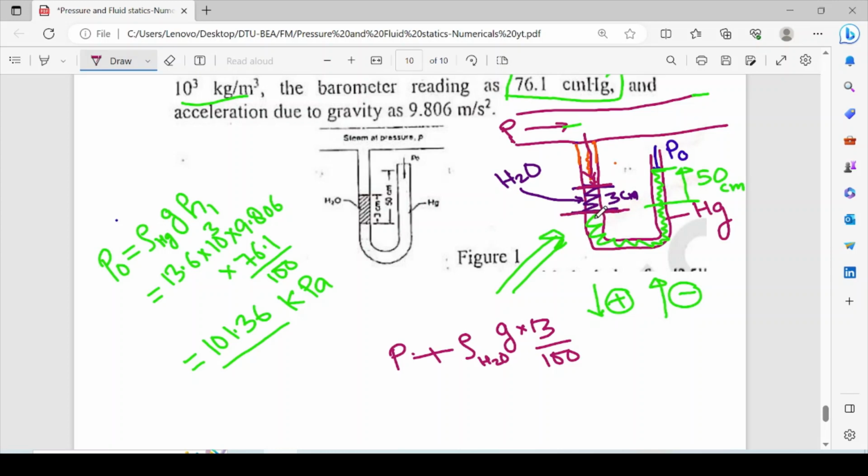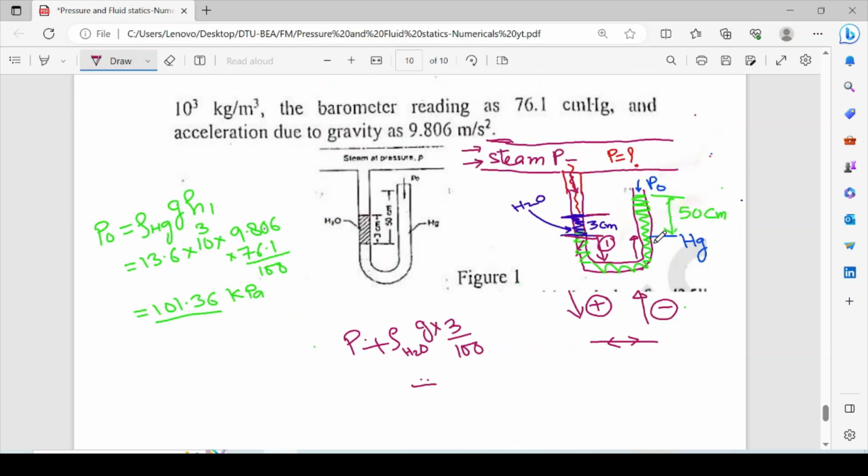After this it is the same fluid, mercury. When moving in the downward direction it is taken as positive, and in the upward direction as negative, and since both are equal they cancel out. So we jump from 1 to 2 directly, because the downward and upward directions have the same rho value and cancel out.